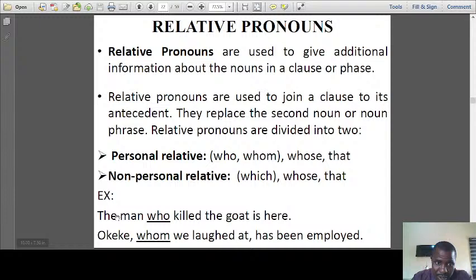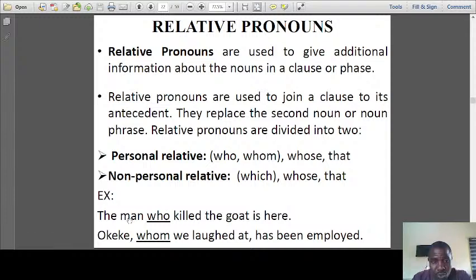Instead of saying "the man killed the goat is here," the second phrase, "the man," is being replaced with a pronoun known as a relative pronoun to show additional information about the one we are talking about.